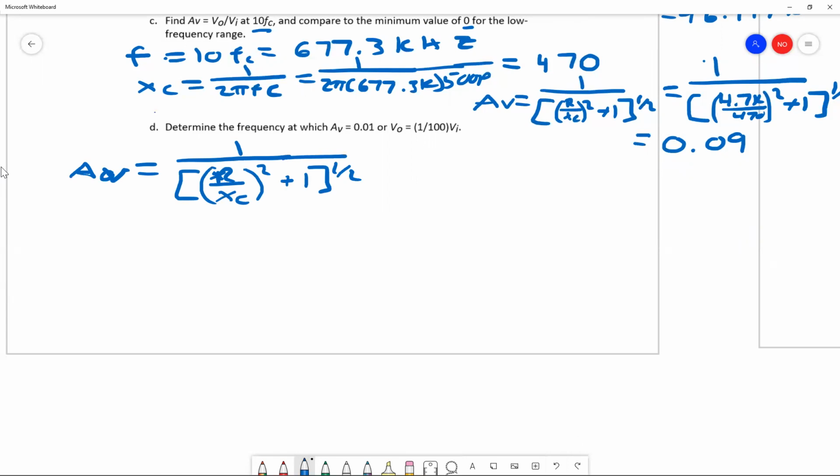And we're going to plug in all those numbers and solve for our unknown. In this case, that is XC.